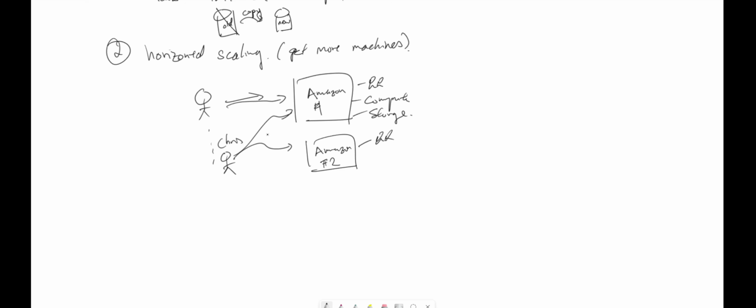Let's say Chris wants to get item from both machines. Both machines need to essentially return the same result, but they have separate storage. And so we need to synchronize the storage on both machines.